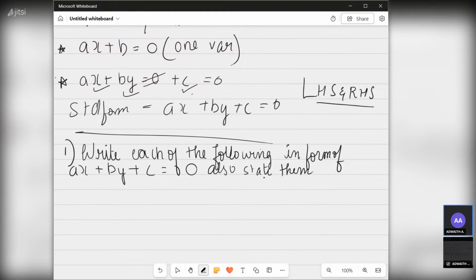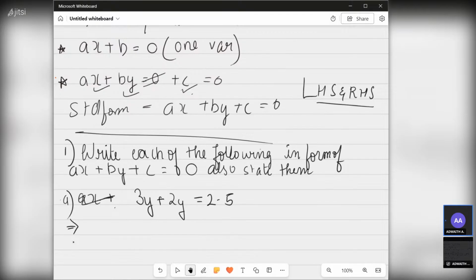First, 3x plus 2y equals 2.5. Simple one. Solution: 3x plus 2y.